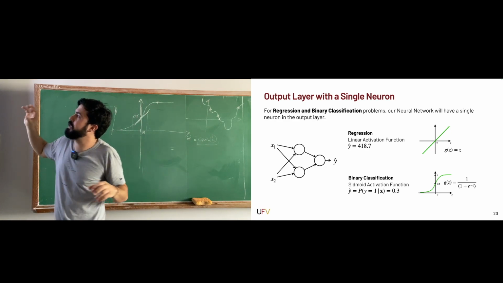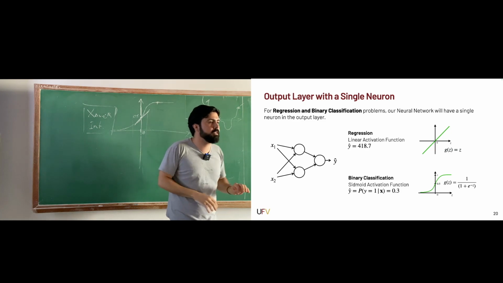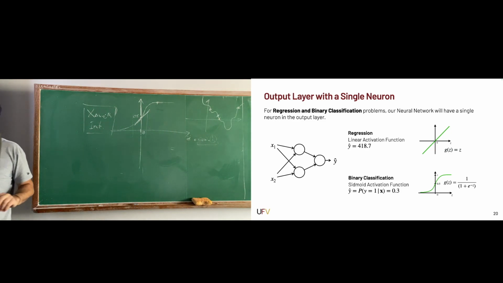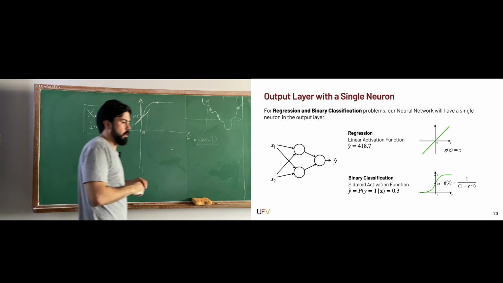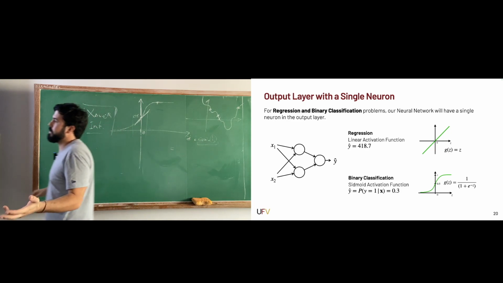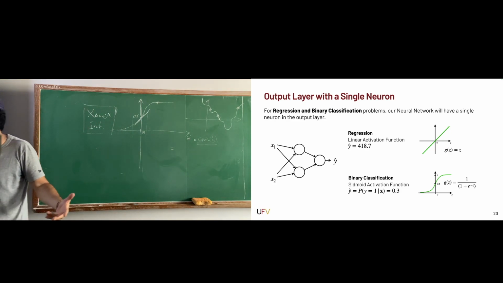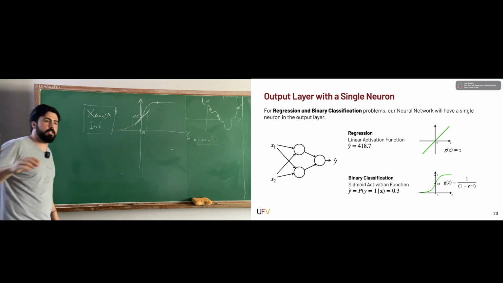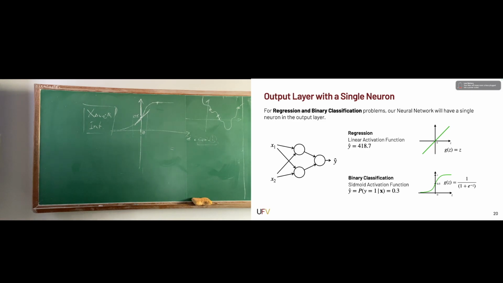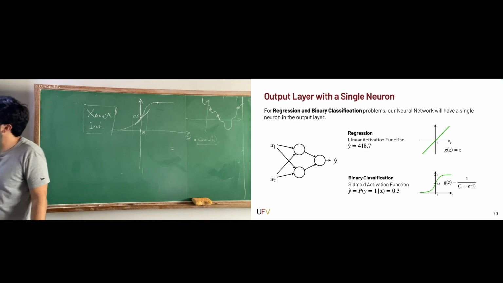Specifically, if you're dealing with regression problems, you're going to have only a single neuron as output, because you want to output a number. If you're doing binary classification, the same: you can think of it as a probability, like logistic regression, you give a probability value as output, so we use only 1 single neuron.